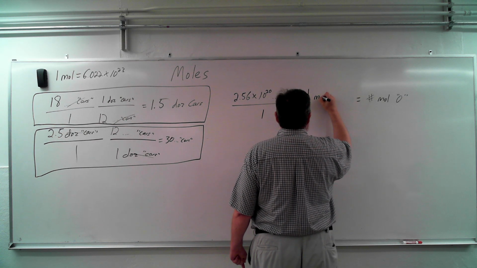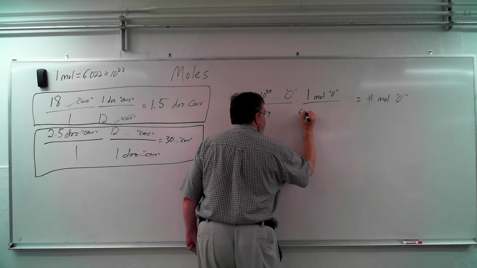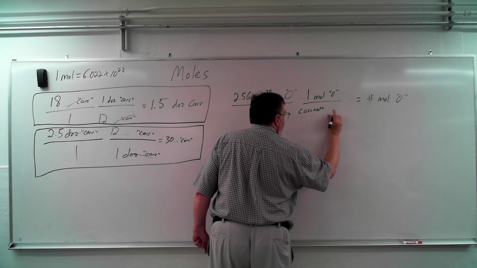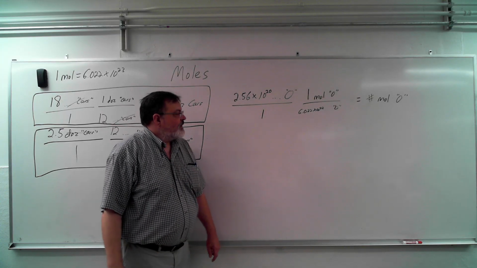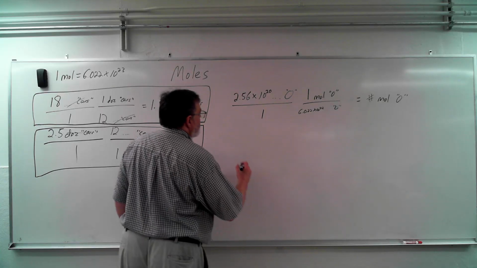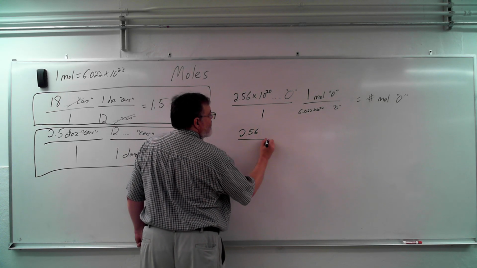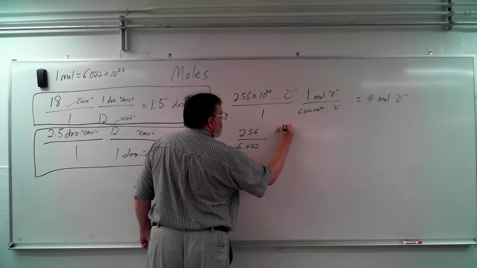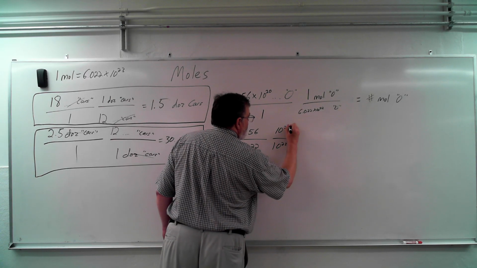And then you will go 1 mole of oxygen atoms. And now the numerical value here is 6.022 times 10 to the 23 blank oxygen atoms. So ultimately what you're doing now is dividing this by this. The way I would do it is I would do 2.56 divided by 6.022, and this is 10 to the 20 on top, and on bottom, 10 to the 23.